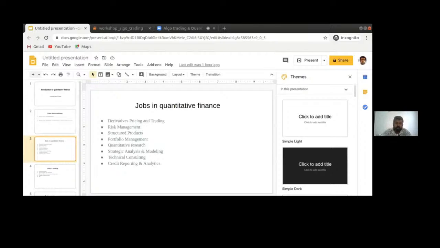So I have listed the types of jobs that exist in quant finance. To begin with, there is the derivative pricing and trading role. In this role, you are tasked with pricing options and then trading them.